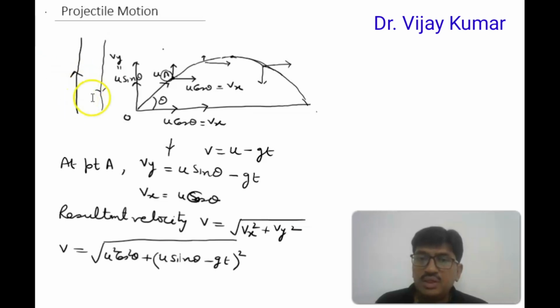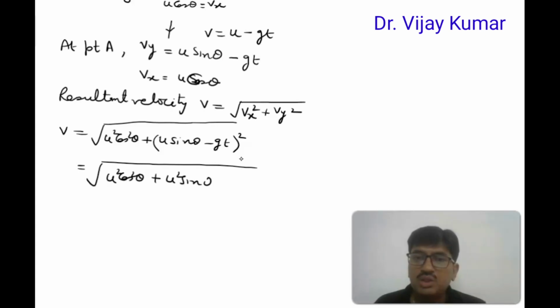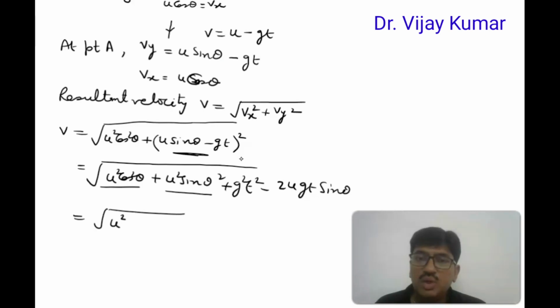Now we expand this bracket: u square cos square theta plus u square sin square theta, plus g square t square minus 2u gt sin theta. Since u square cos square theta plus u square sin square theta becomes u square, it becomes the square root of u square plus g square t square minus 2u gt sin theta.